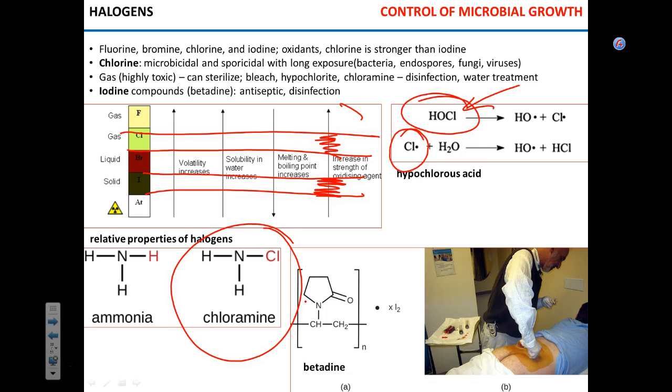It oxidizes cell wall and oxidizes proteins and so on and so forth. Okay. Now, can it sterilize? Yes, it can sterilize. With extended exposure, it can kill endospores. At high concentrations and extended exposure, chlorine can kill endospores. Does that make sense?